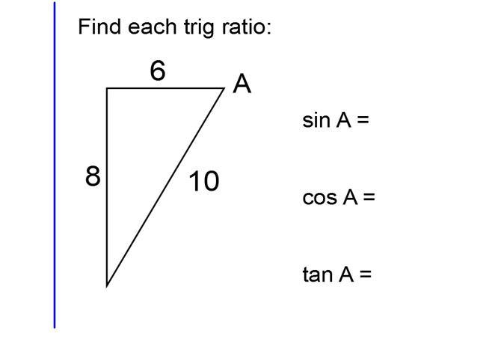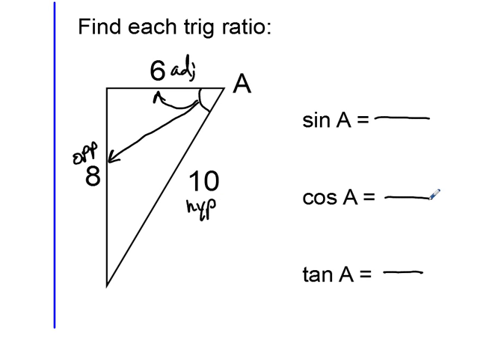We can also do this with actual values, which is what we'll mostly be doing in this class. This time we're looking at sine. Find my opposite first, then find my adjacent. And the longest side is always the hypotenuse.